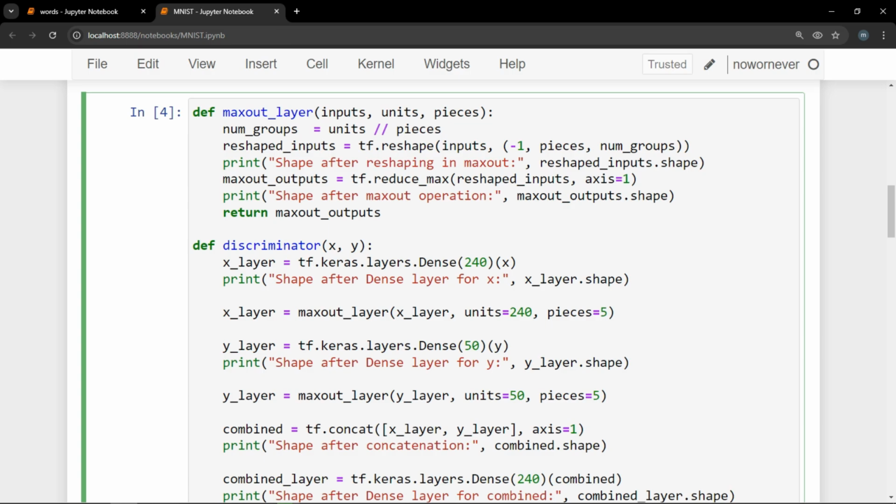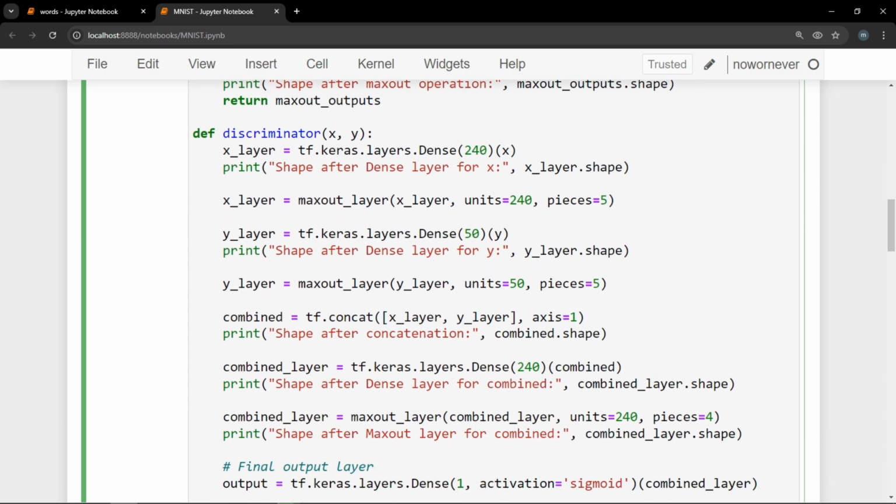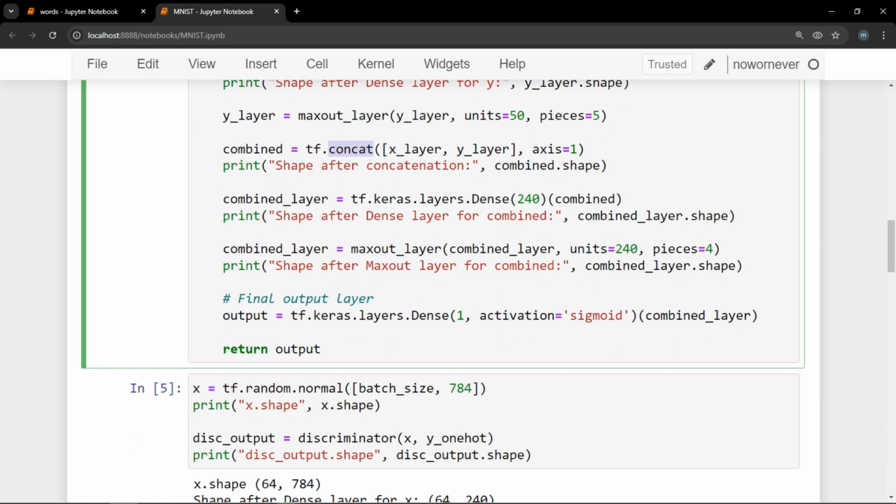After that, we compute the maximum within each group, resulting in an output of shape batch size by number of groups. In the function for D, we pass the inputs and labels through maxout layers. We concatenate the outputs, apply another maxout layer, and finally use a dense unit to represent the probability that the image is real or generated.